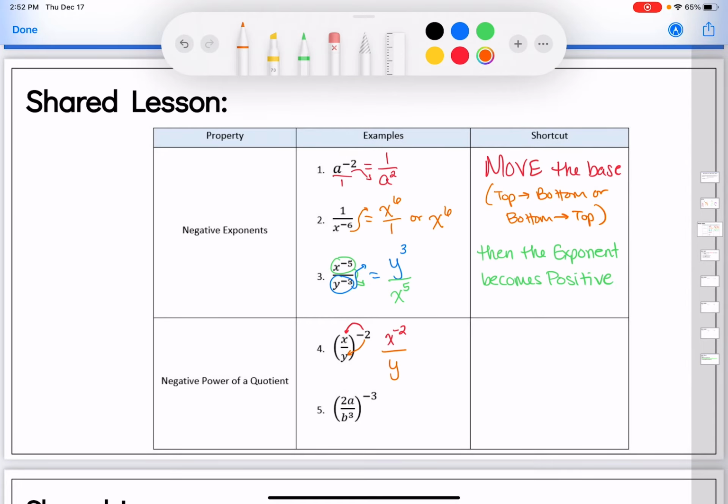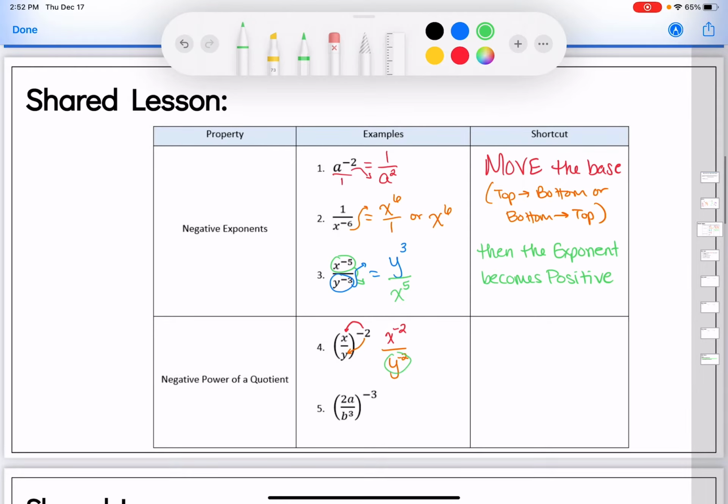So that becomes x to the negative second over y to the negative second. But both of them have negative exponents. So the y to the negative second is going to move to the top, and x to the negative second is going to move to the bottom. So this is going to become y to the second over x to the second.